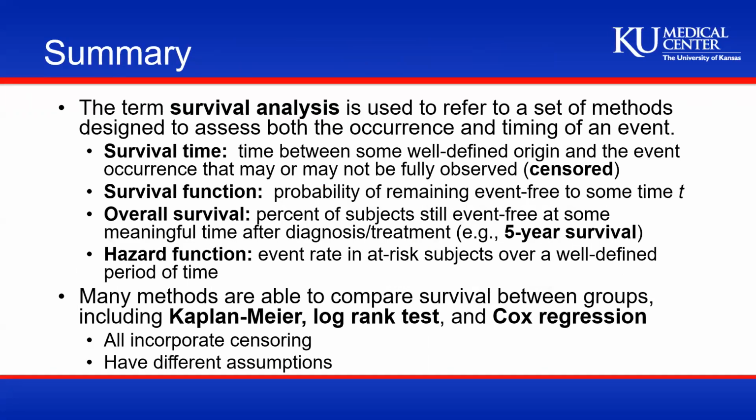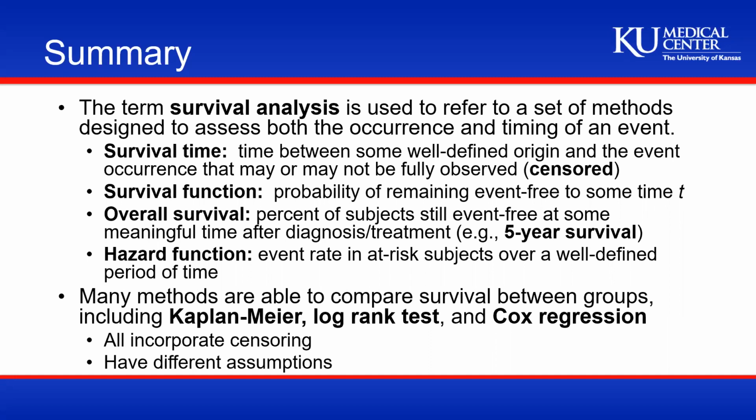So in summary, and we'll talk again a little bit more about this next week when we get into regression methods, the term survival analysis is used to refer to any method that assesses both the occurrence and timing of an event, and we tend to describe that kind of outcome using the different statistics that I talked about today in terms of the survival function, the hazard function.